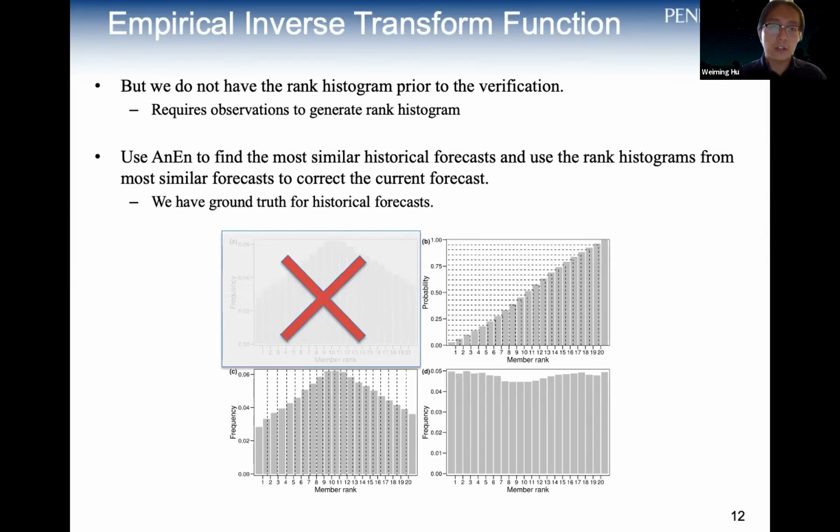So that is where analog ensemble comes into play. Instead of directly looking into the observation for the future forecast, which we don't have, we jump back to the most similar historical forecast and use the rank histogram from the most similar forecast to correct the current forecast. So now, instead of looking at the rank histogram for the future, which we don't have, we can look at the rank histogram for the most similar historical forecast, which we are able to do.